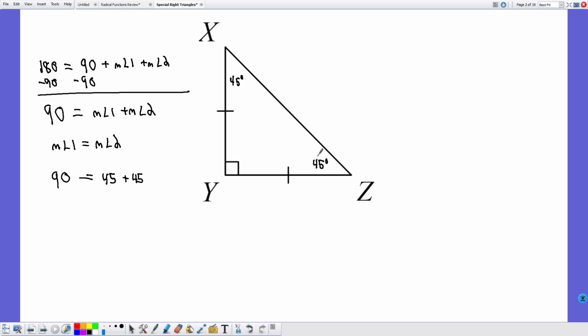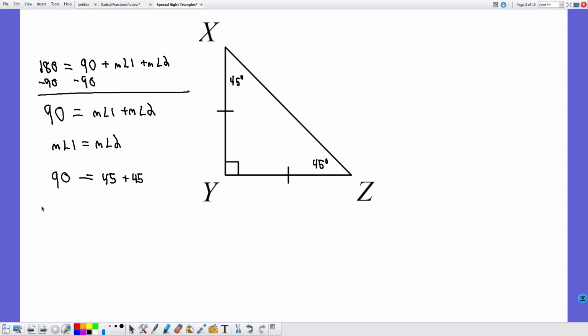But what else is there to learn about this kind of triangle? Well, the other important theorem we learned about with right triangles was the Pythagorean Theorem.